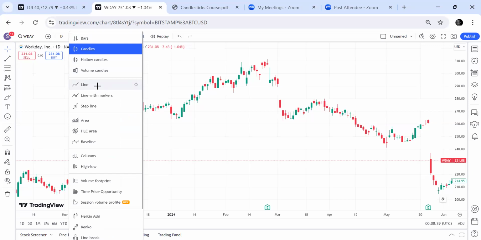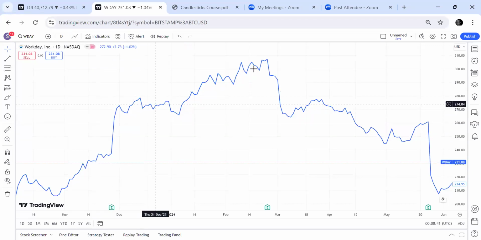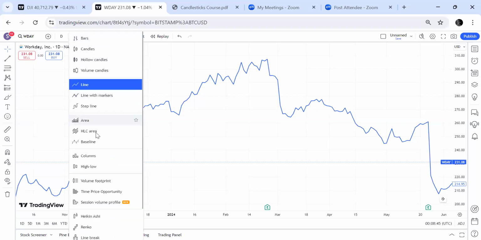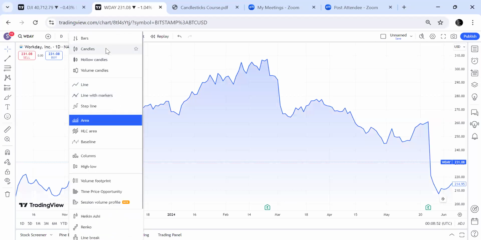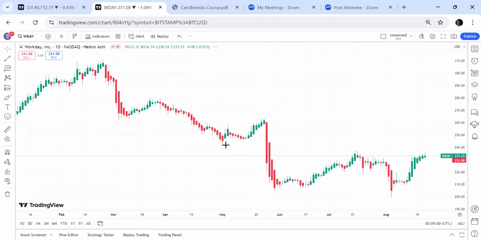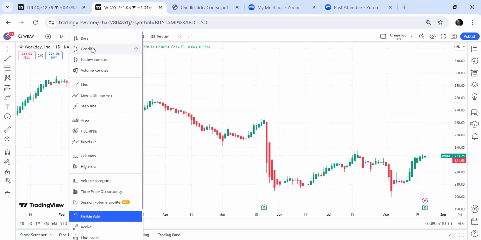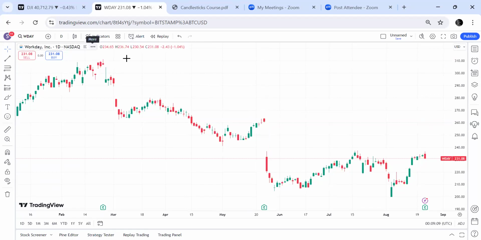If I click on line, I will get a line on this data. Similarly, if I click on area, I will get the area. We have different kinds of options like Heiken-Ashi, but out of all of these, candlestick patterns are the most famous.